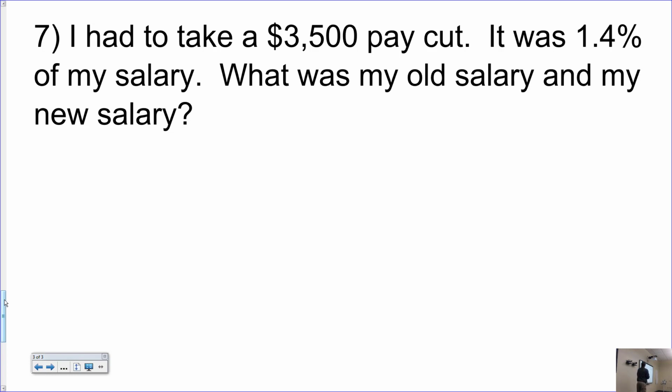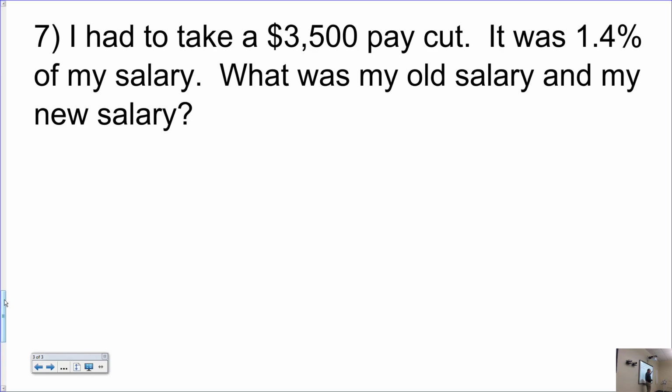All right, so this problem is a little bit tricky, right? Because what does the very first sentence tell us? I'm getting a pay cut, right? And so your gut says this is a percentage decrease problem. But is there a percent value in that first sentence that goes with the words pay cut?